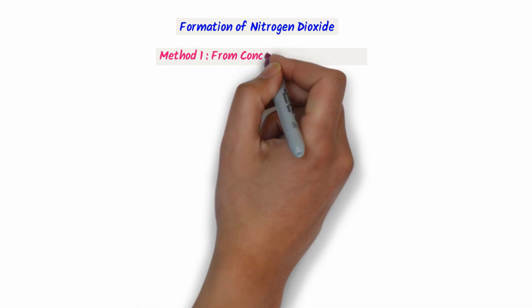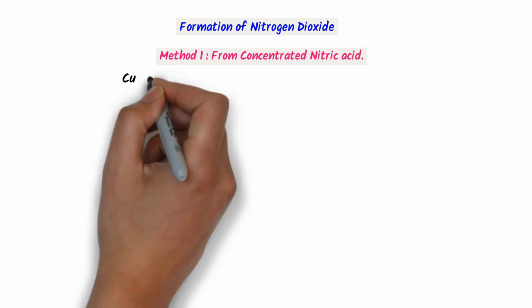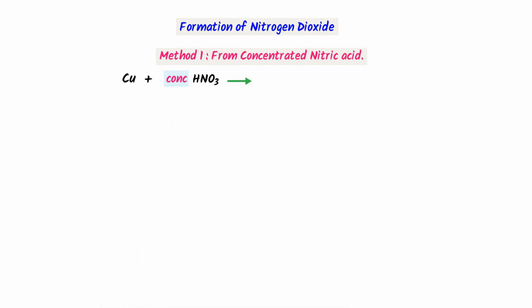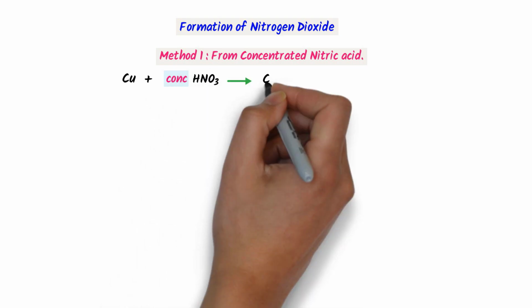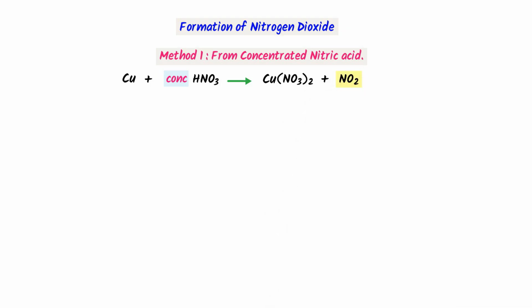It is very important and I will teach you 3 different methods. We already learned the first method. We learned that when copper plus concentrated HNO3 react together, they form copper nitrate plus nitrogen dioxide gas plus water. Hence note down this first method.